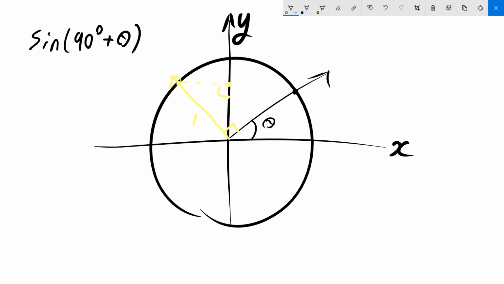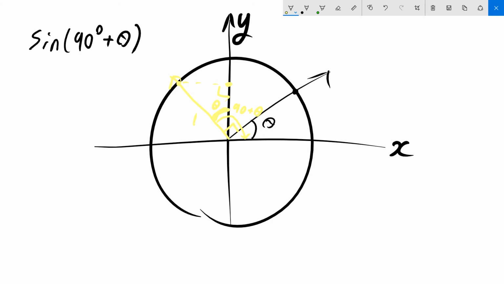We know the hypotenuse, we know that this is a right angle, and we know that this is 90, and this full angle here is 90 plus theta, then we can claim that this inside angle is just theta. So if we can use theta to work out this adjacent side, then we can find out what sine of 90 degrees plus theta is.